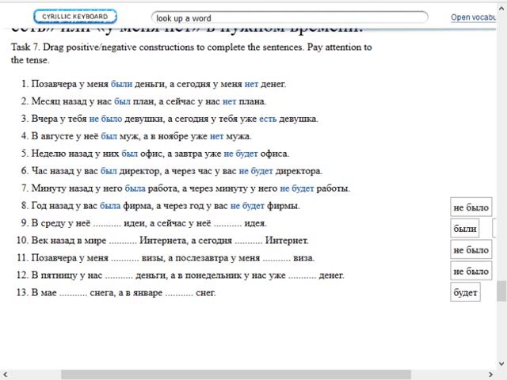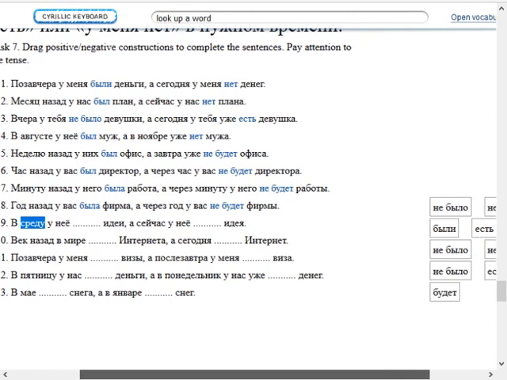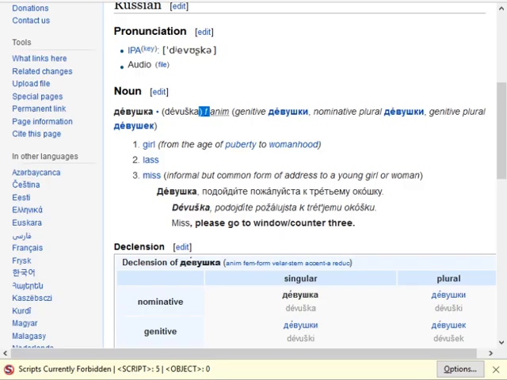В среду у него идея. So in the, this is one of the days of the week. I forget which day Среда is, but this is past tense. So it should then be, let's see, for idea, which gender does idea have?